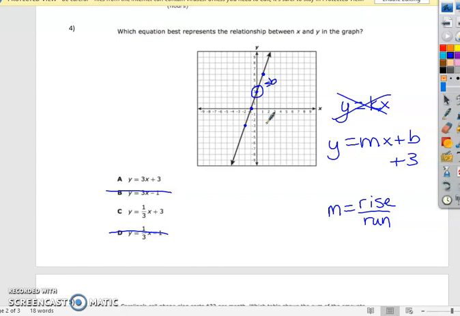Okay? So we're going to make our slope triangle. So point to point, rise. 1, 2, 3. I rose 3, and I run 1. So rise 3, run 1. So my slope, or my constant rate of change, is 3 or 3 over 1.